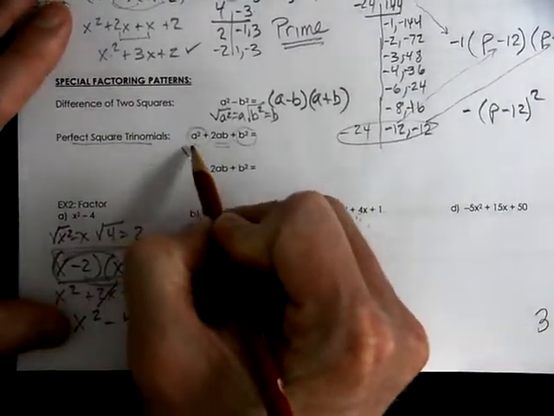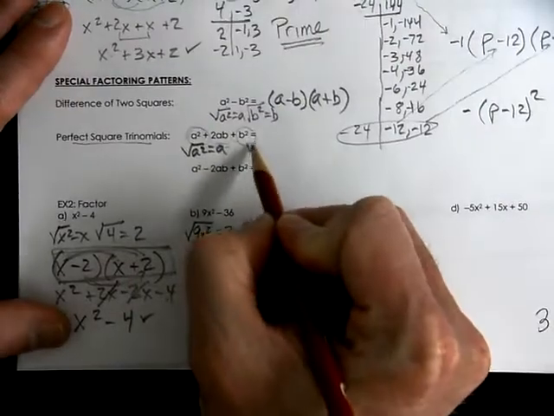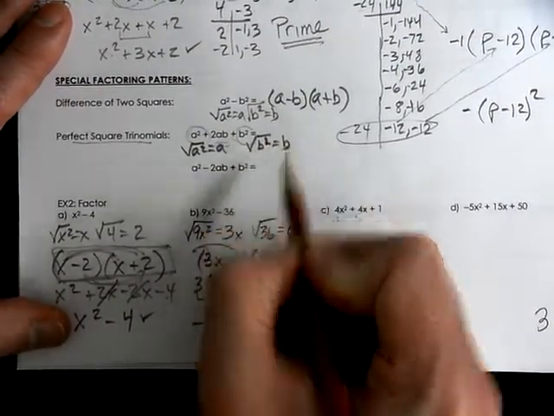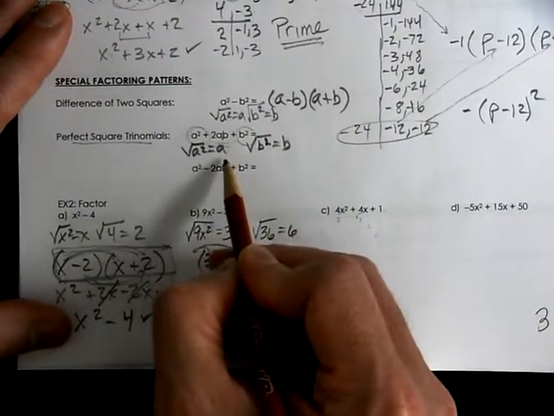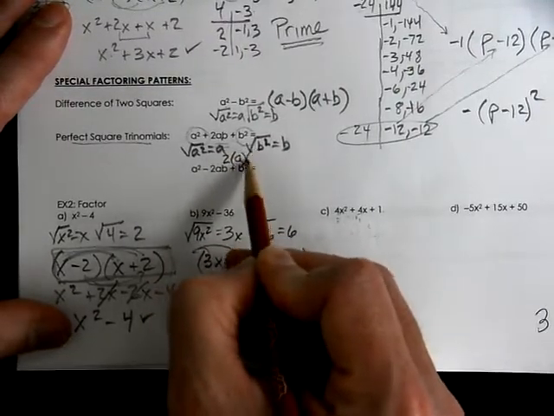So in other words, can you take the square root of a squared? And can you take the square root of your c term, which is b squared? And is the middle term 2 times those two values multiplied together?